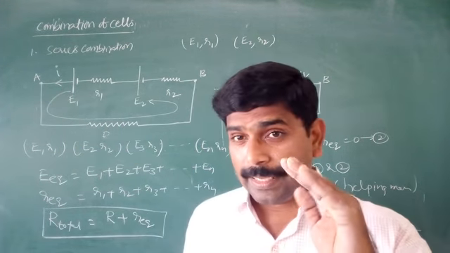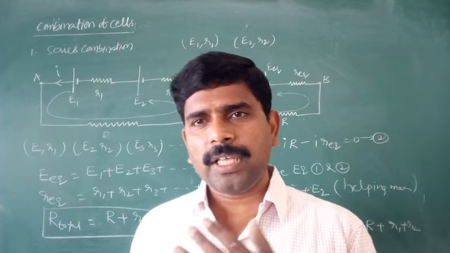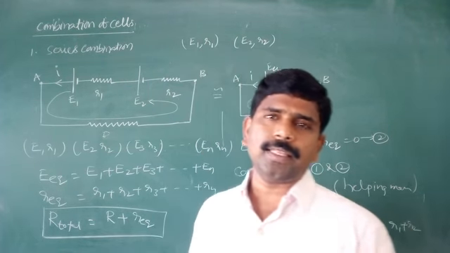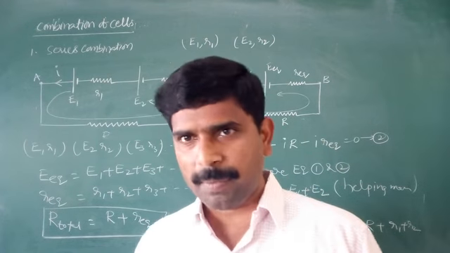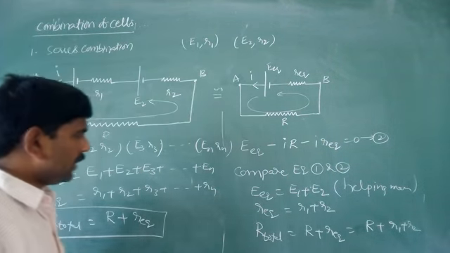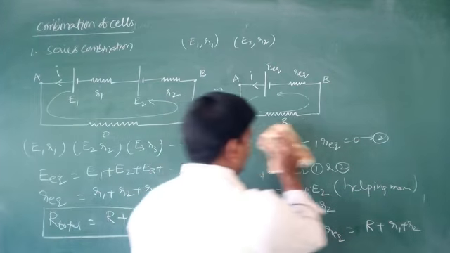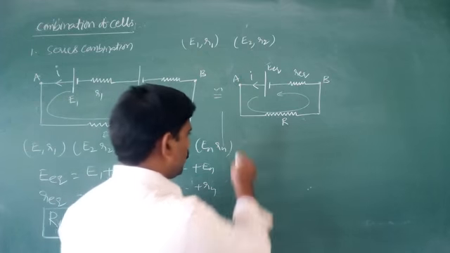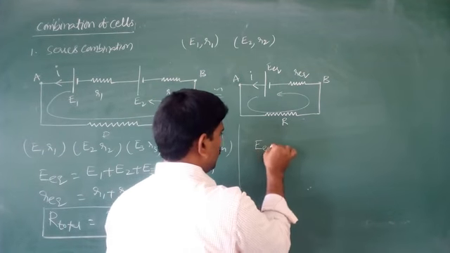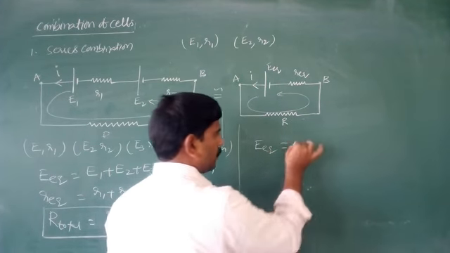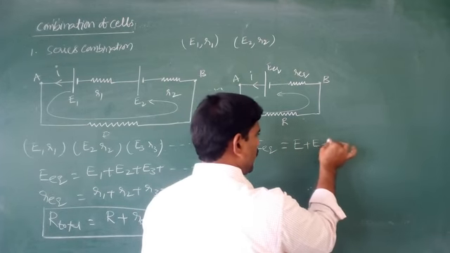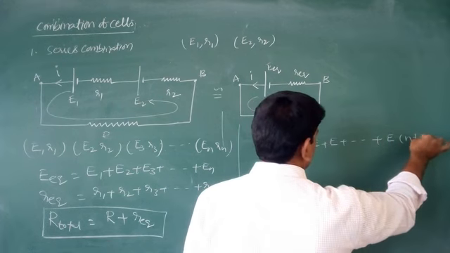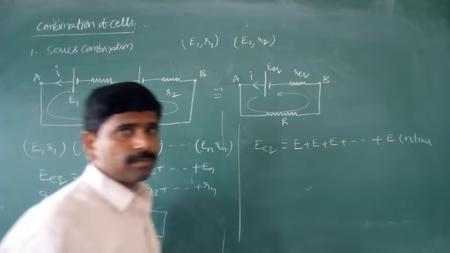In case n identical cells, each of EMF capital E and internal resistance small r, are connected in series combination in the helping manner, what is the equivalent EMF? That is n cells having EMF E, added n times.